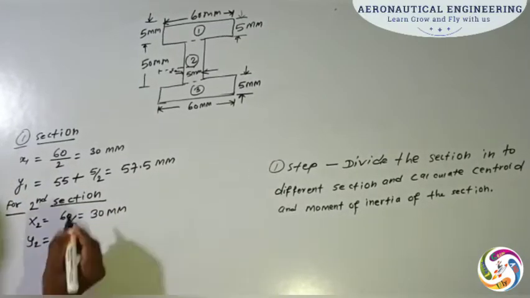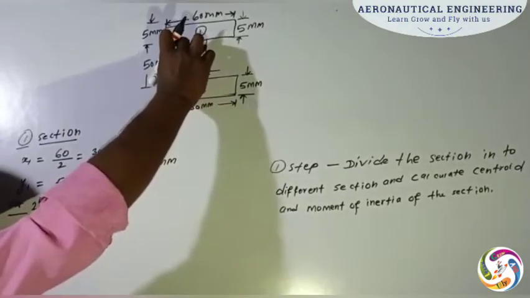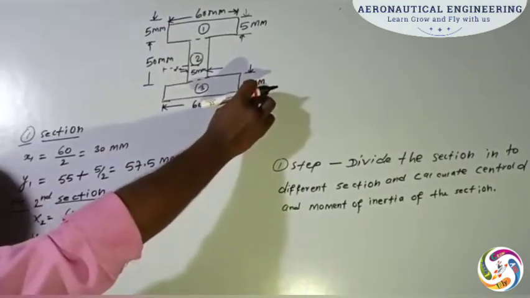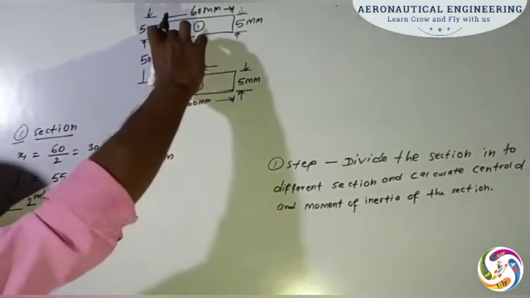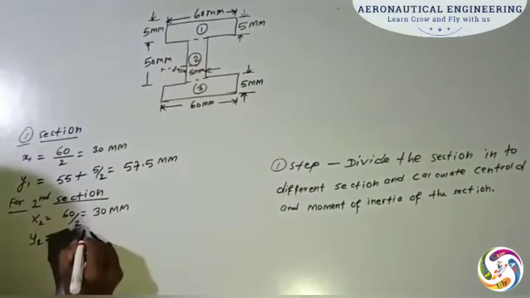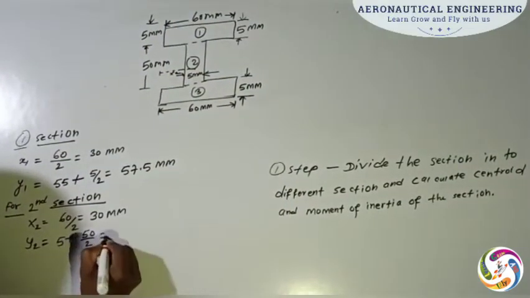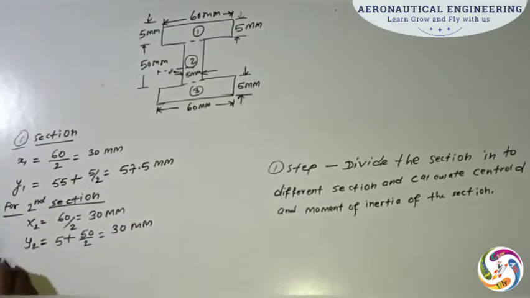Similarly the y2 value, up to here, the vertical length. This one is given as 5 mm, so 5 plus the vertical length, the original length for the second section, 50 upon 2, so it also becomes 30 mm.